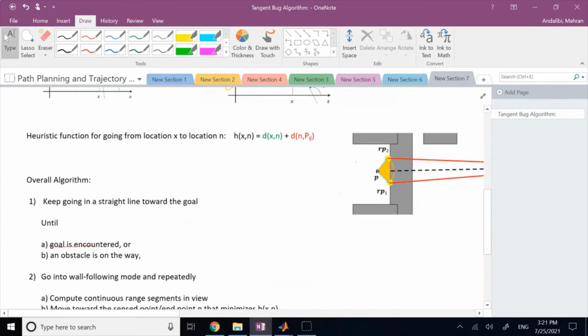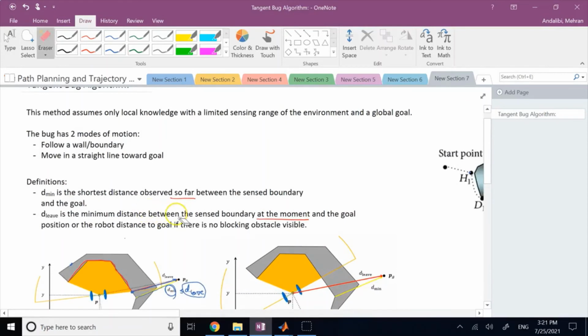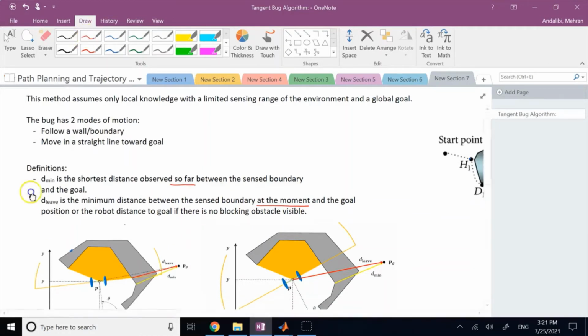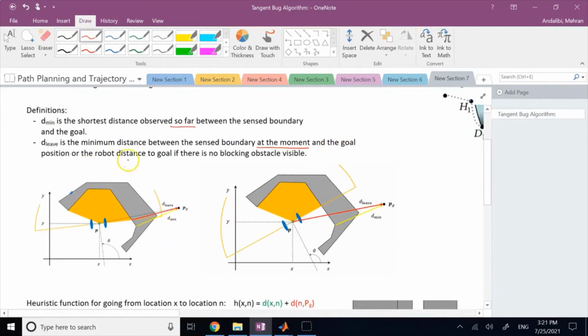Okay, so that's one way to define d leave, the minimum distance you have on the boundary at the moment to the goal. Another way to describe it is the distance your robot has to the goal if there was no block on the way, no obstacle on the way.